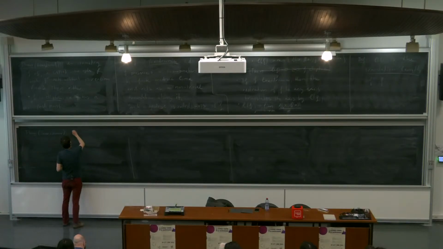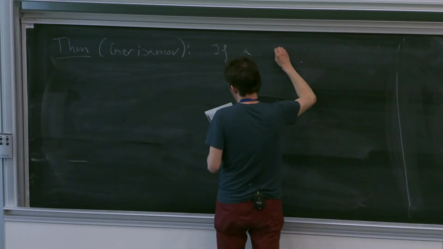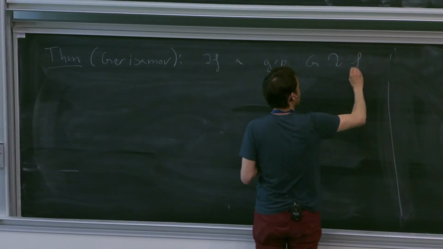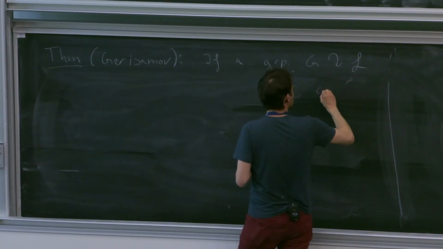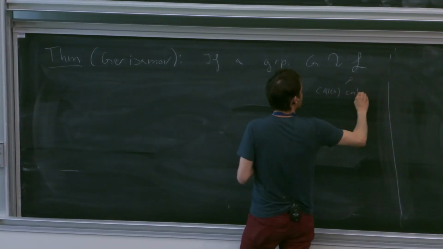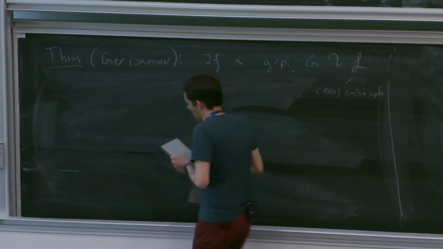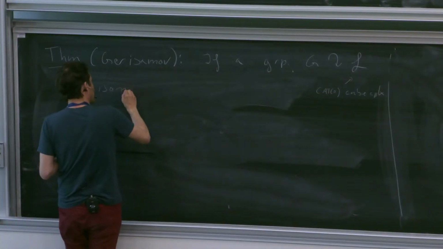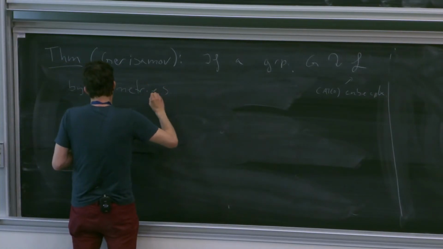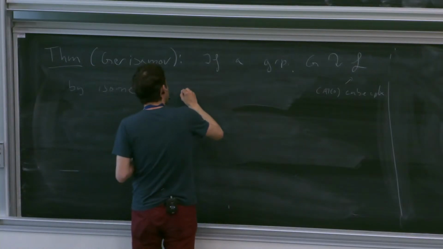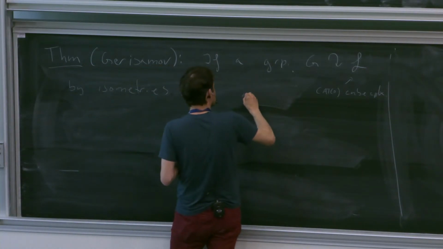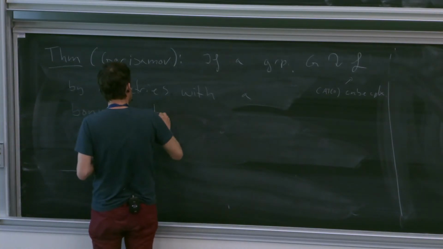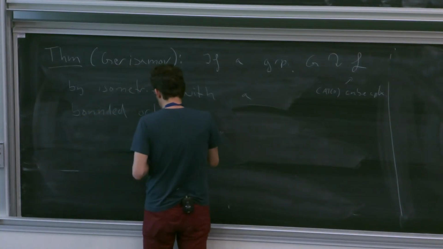So if we have a group G that acts by isometries on a cat-zero cube complex, say L, by isometries, of course. And we assume that it acts with a bounded orbit. Then G has a fixed point.